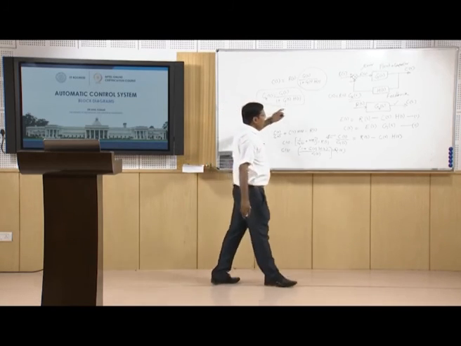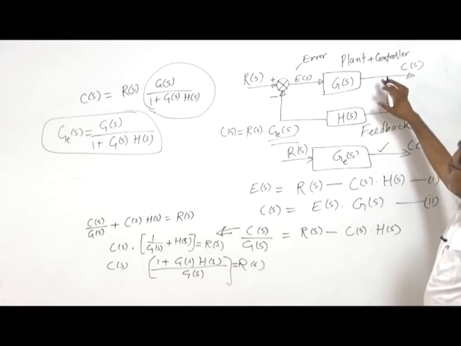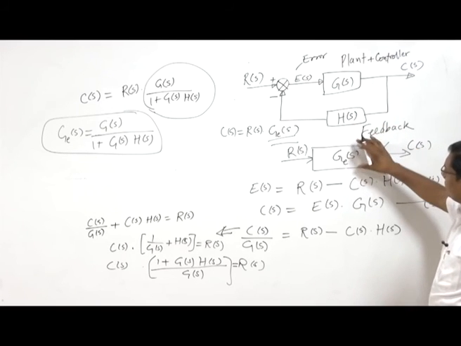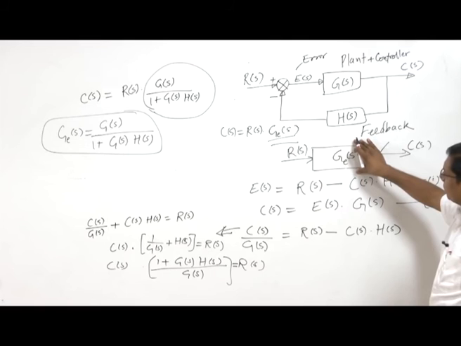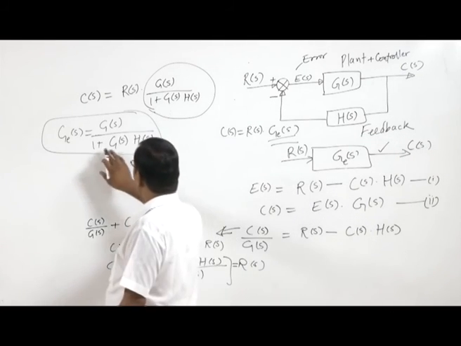So this is the equivalent transfer function of the feedback closed loop system. You can see that this system can be represented as an equivalent single block having the transfer function G(s) upon 1 plus G(s)H(s).